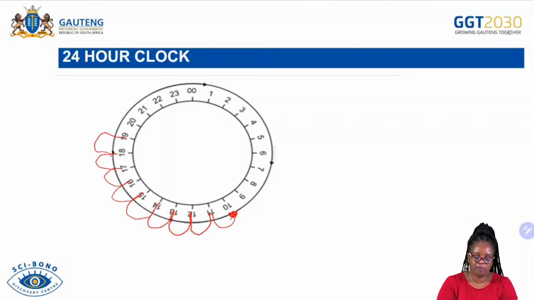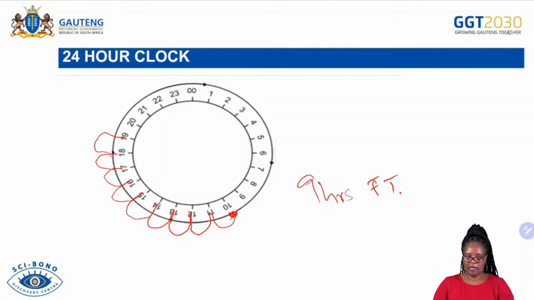You can even move from 19 to 10, it's kind of the same. It's 1, 2, 3, 4, 5, 6, 7, 8, 9 hours flying time.